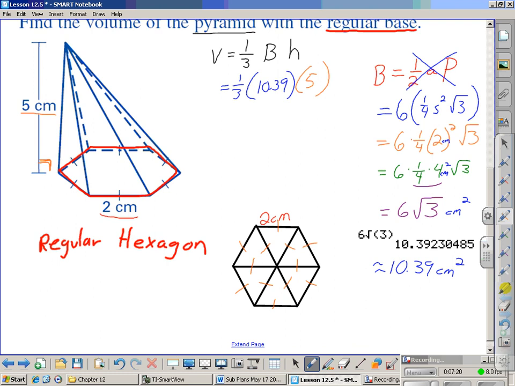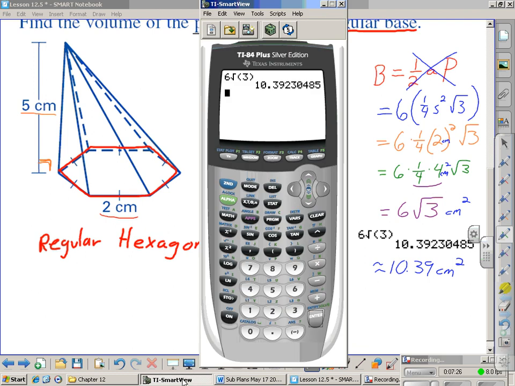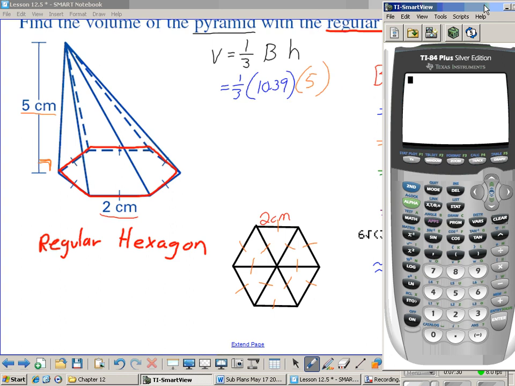And so what we're going to do now is take the calculator, clear that out, although that was our last answer, so we can hit second answer. Well, actually first, let's put 1 divided by 3 for 1/3 times second answer times 5.